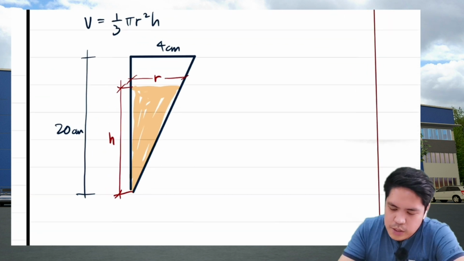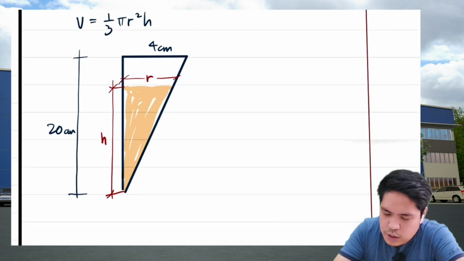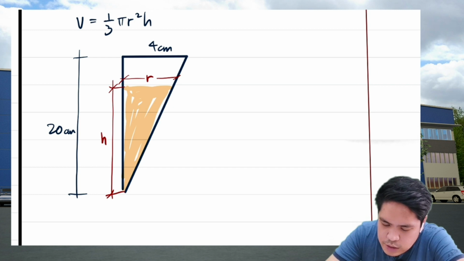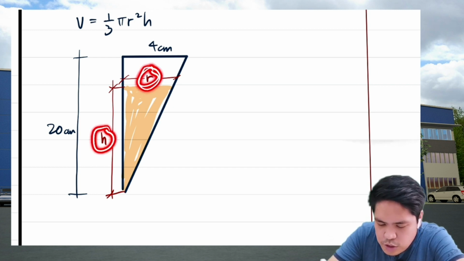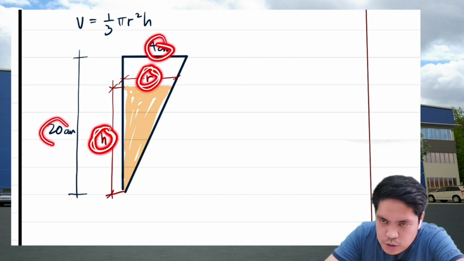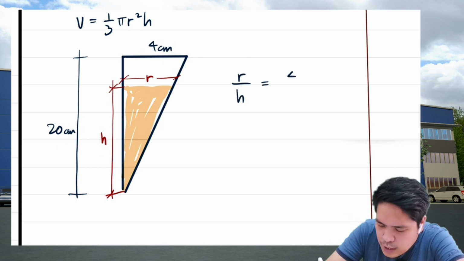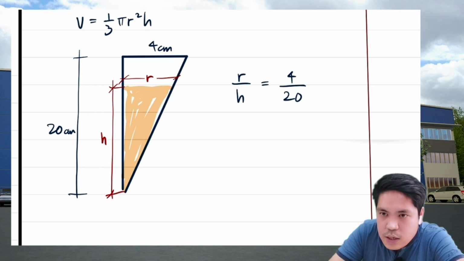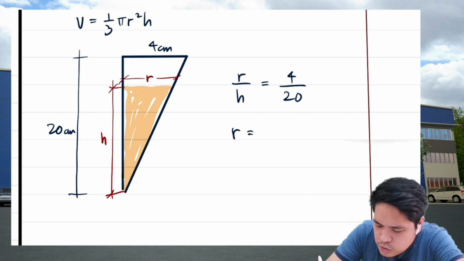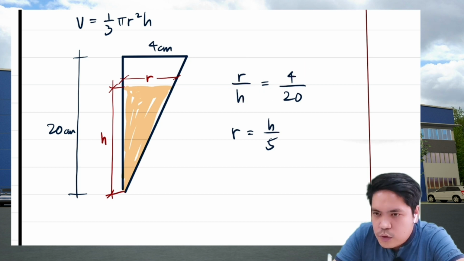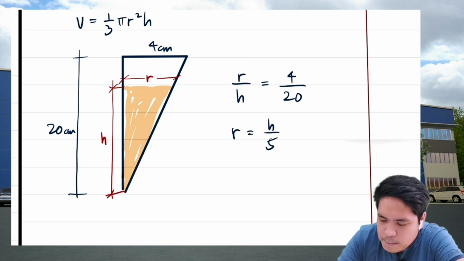By similar figures, ratio and proportion, we could say that the ratio of r to h is proportional to the ratio of 4 to 20. So we'll have r is to h as 4 is to 20. Therefore r is equal to h over 5. We just transpose this, and 4 over 20 is, oh, 1 over 5 pala.